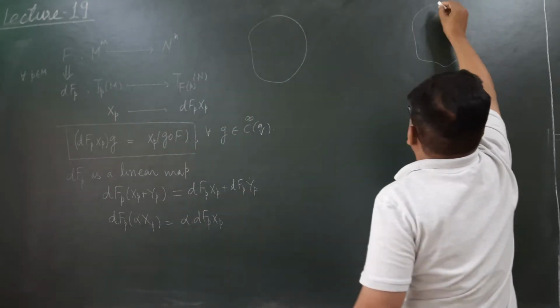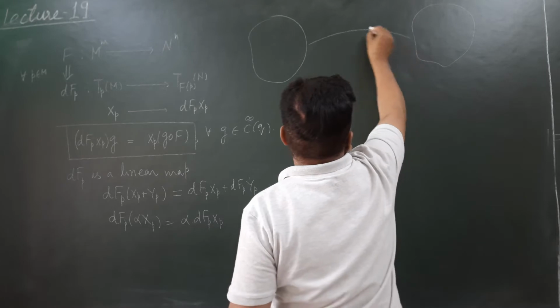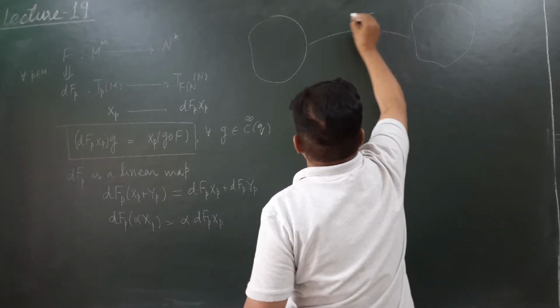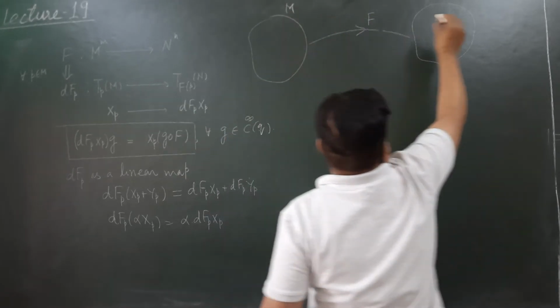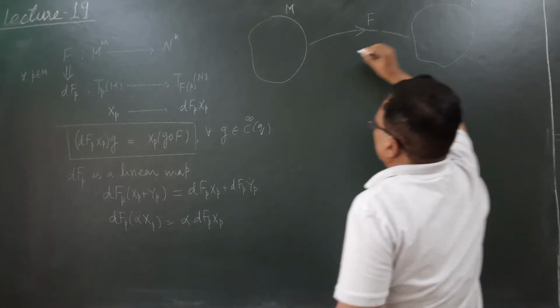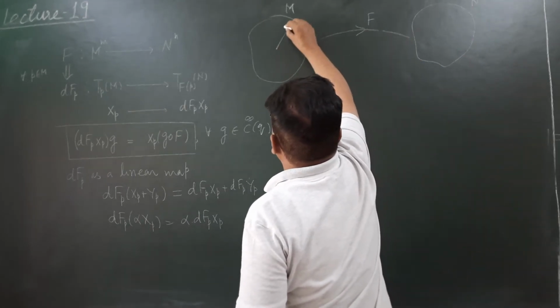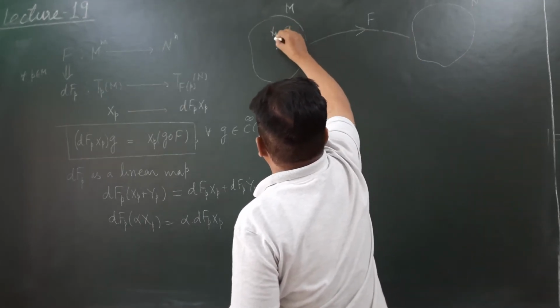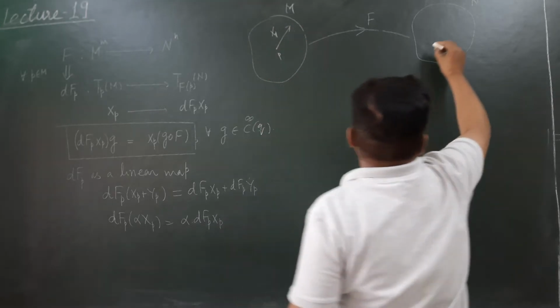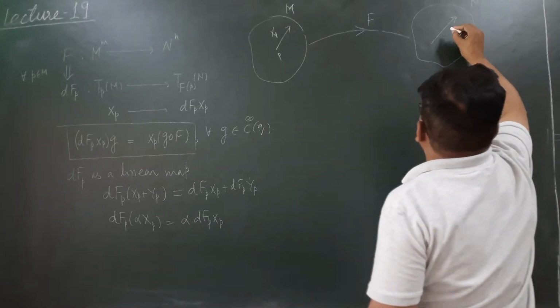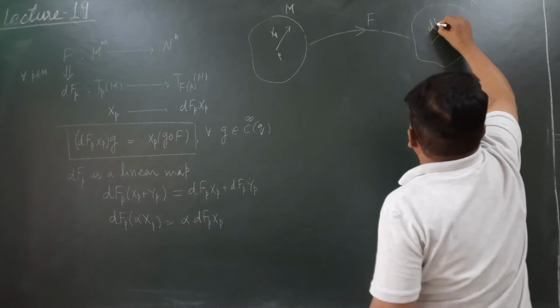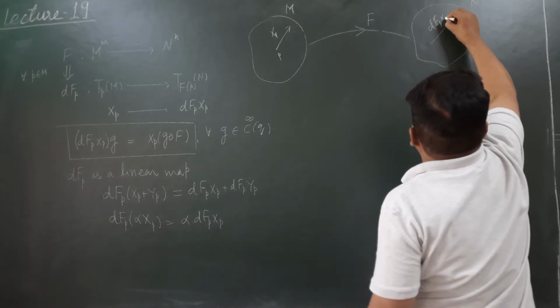Suppose M and N are these manifolds. F is a map from here to here. This is M, this is N. We had considered a tangent vector in M at a point P here, and this will be mapped to some tangent vector over here. Call it DF_P X_P.